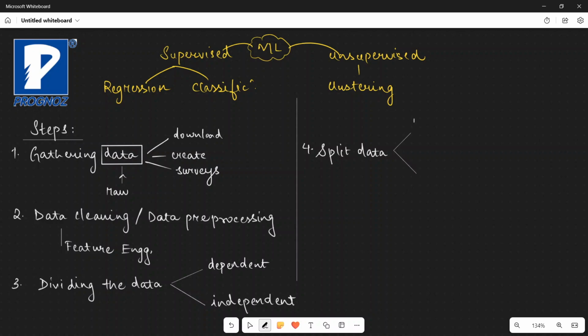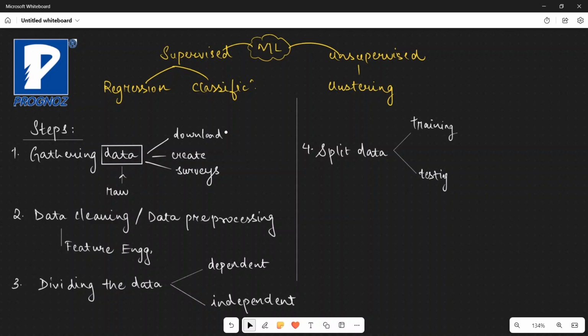First one for training our machine learning model, and the second one for testing our machine learning model. So these are the 4 important steps which are involved in creating any machine learning model.